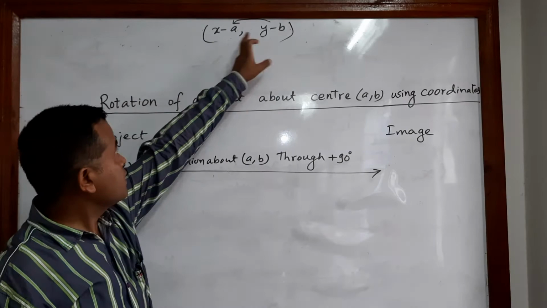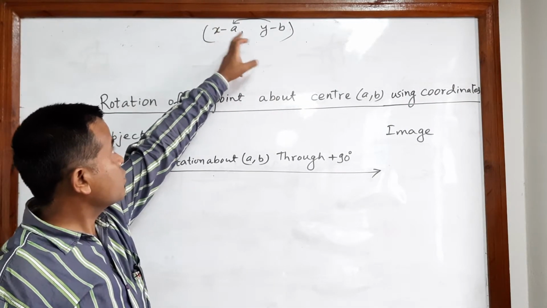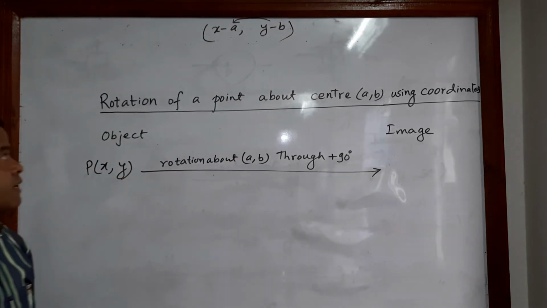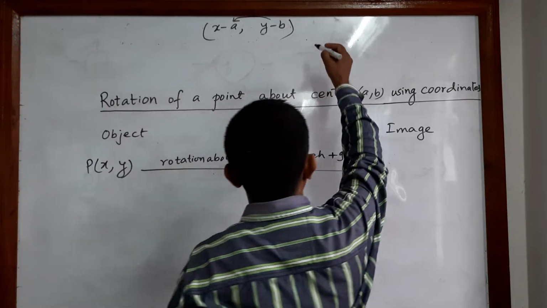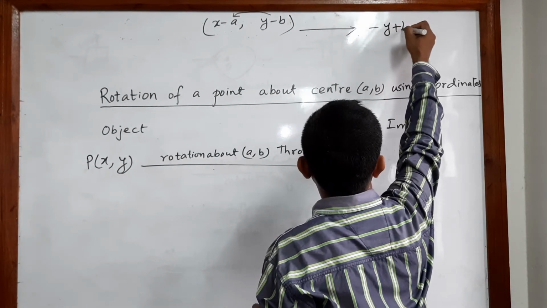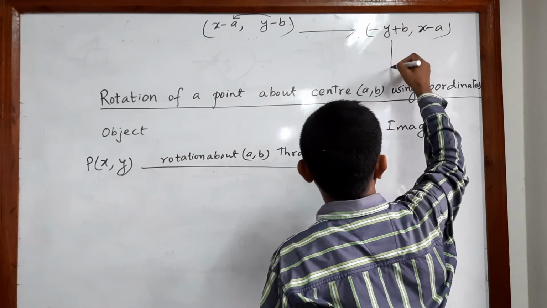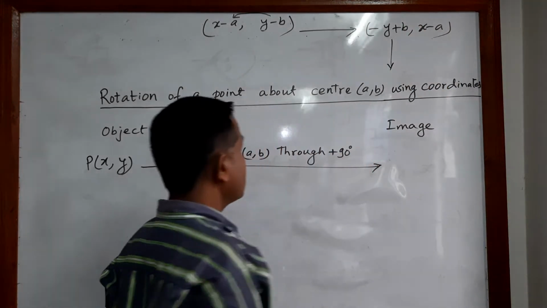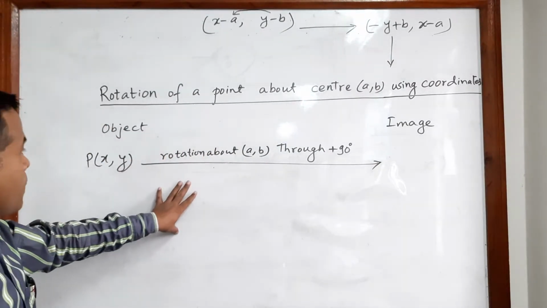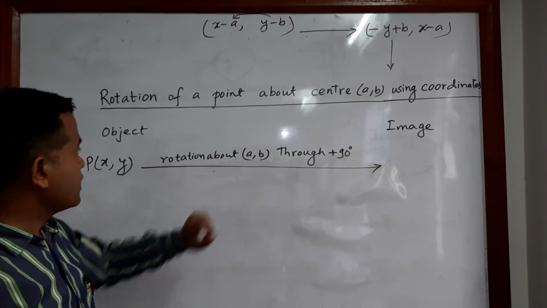So this will shift to the first place and its sign changes, and this goes to the second place without changing its sign, and then it becomes minus y plus b, x minus a. But this is with reference to the origin, so we have to find out its image with reference to this center AB.